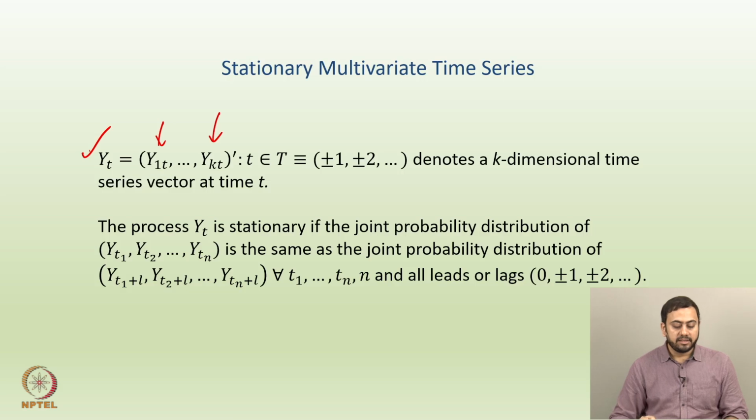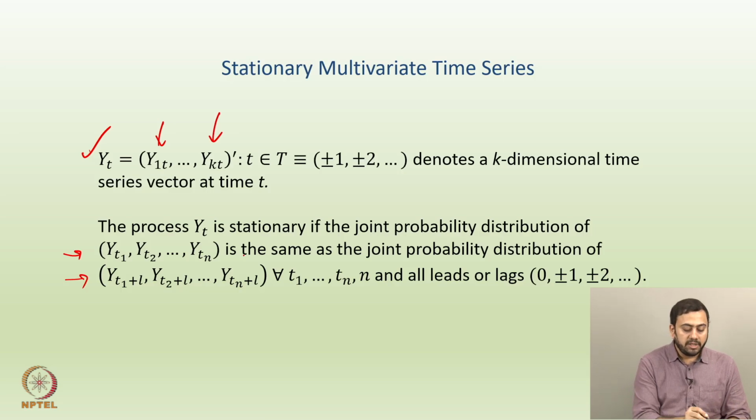So, when can we say that this collection of k time series is stationary? The process yt is stationary if the joint probability distribution of yt1, yt2 up to ytn is the same as the joint probability distribution of the same series shifted by some lag, let us say yt1 plus L, yt2 plus L, yt3 plus L up to ytn plus L. Here, the only thing we are doing is shifting each timestamp by some lag, which is L in general.